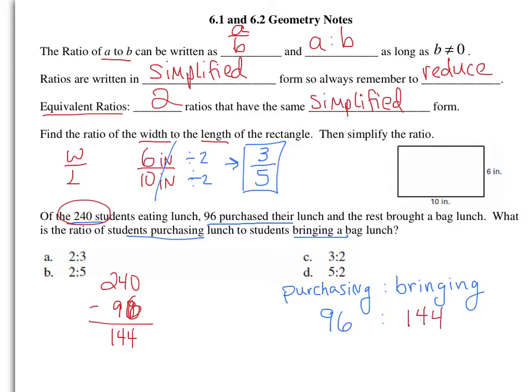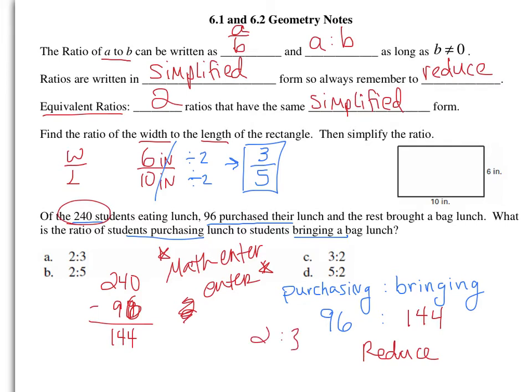So if we reduce it, remember on your calculator, you always want to do your math, and then enter is going to be your best friend on all these different reducing problems, so just remember that. If we reduce it, we end up with a 2 and then a 3, so our answer is A.